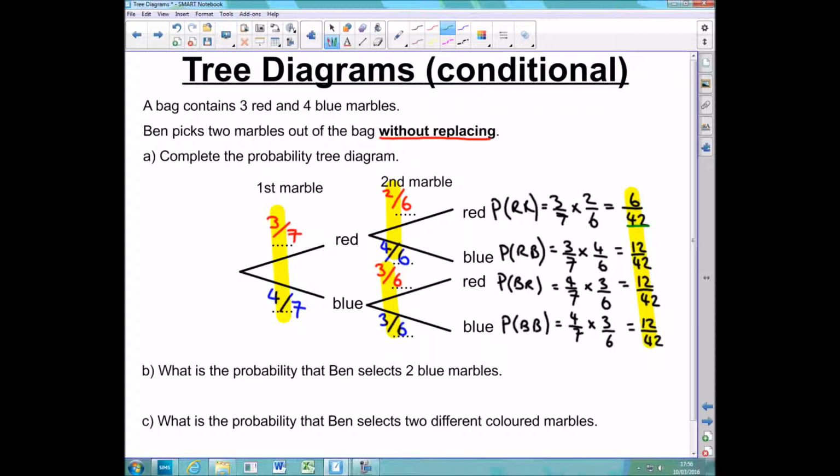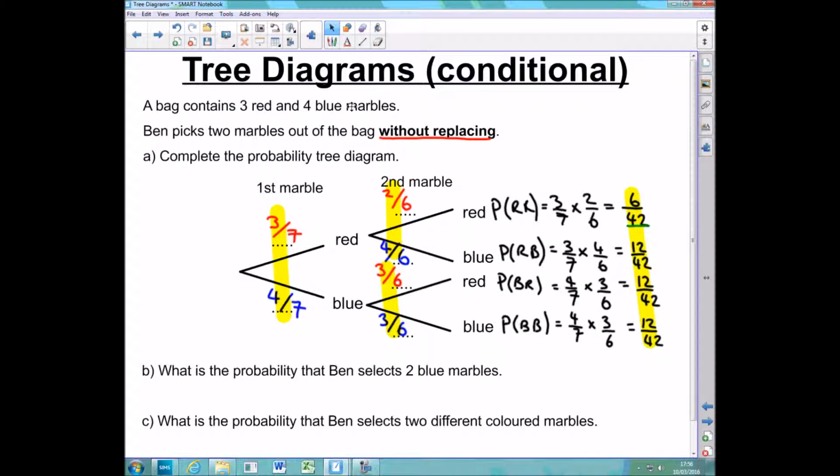The second thing is, in the last question there were times where we had to add up probabilities. And if you remember, fractions can only be added when they have the same denominator. So not simplifying throughout means that our adding at the end is a lot easier.